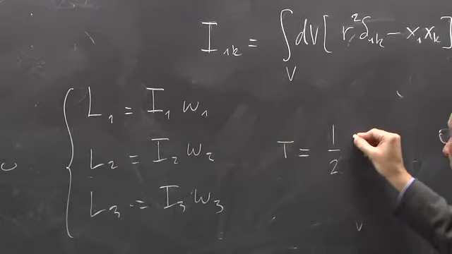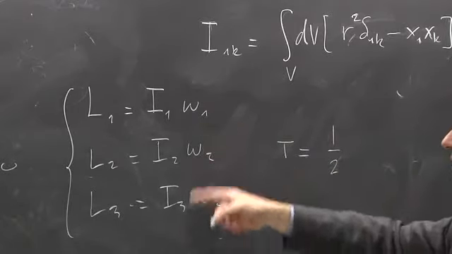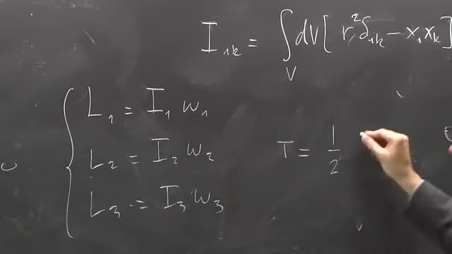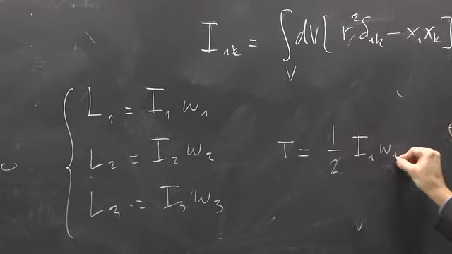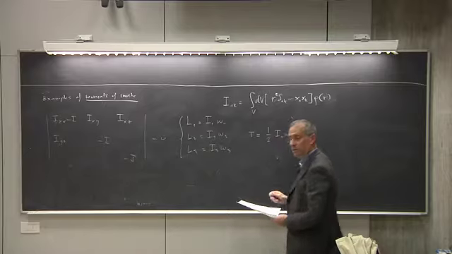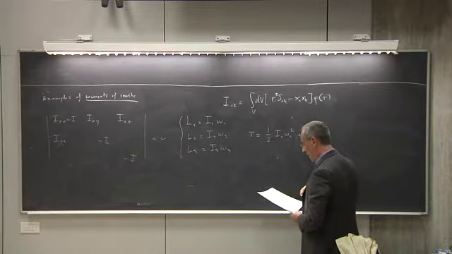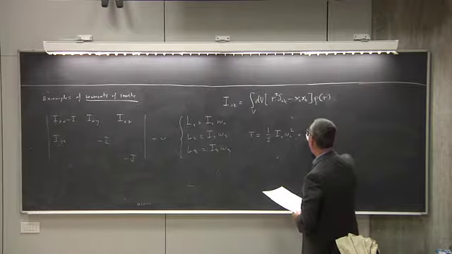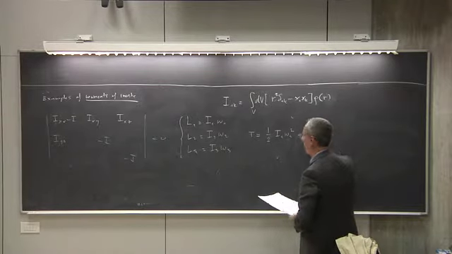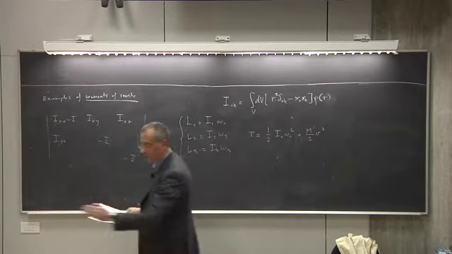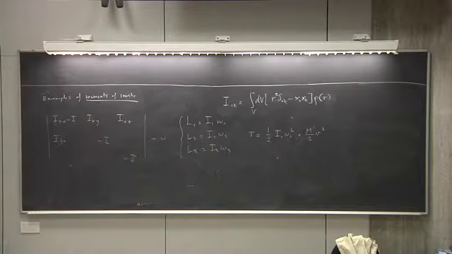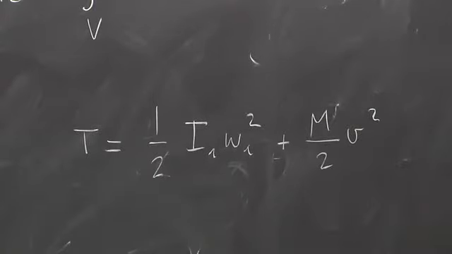So it's just 1/2 the sum of I_i omega_i squared, remember the Einstein rule. And if you want to be precise, you have to add to this the total mass of your rigid body times the translational velocity of the center of mass, squared, with a factor 1/2. So now this is the kinetic energy of the rigid body, written using the principal axes of your body.